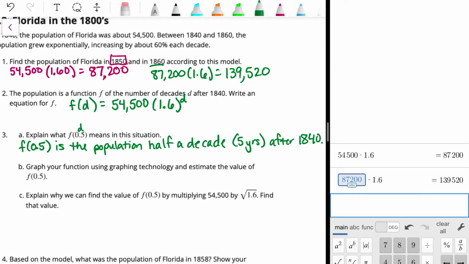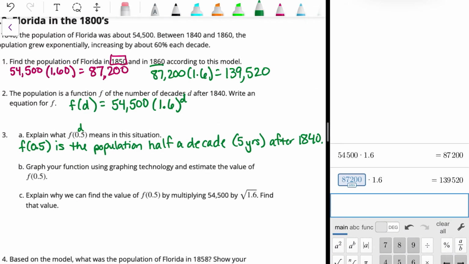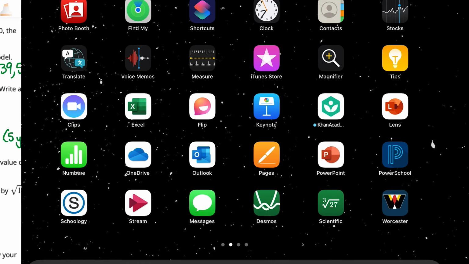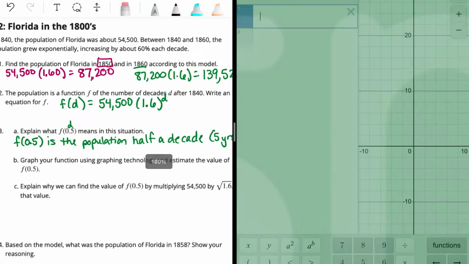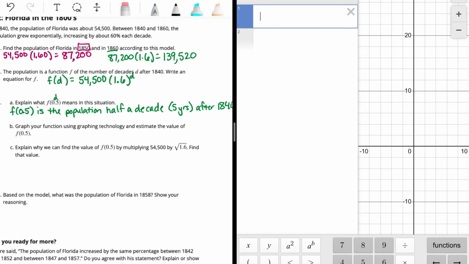All right, so now we're going to graph our function. We're going to get rid of that calculator, and we're going to bring up our graphing calculator. That'll be a little bit easier to look at the graph if we have a graphing calculator. So we're going to graph this function.